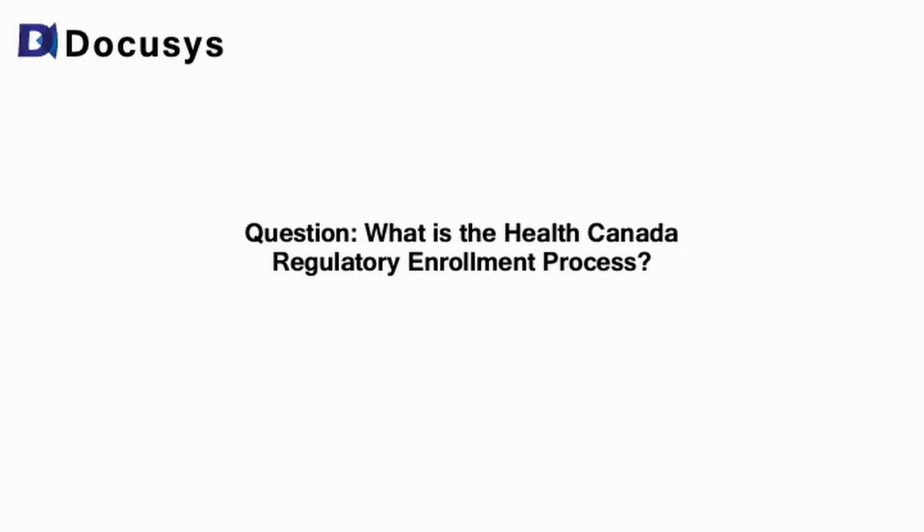The fourth question is, what is the Health Canada regulatory enrollment process? Starting January 1st, 2026, it will become mandatory for companies to submit their Class 2, Class 3, and Class 4 license and amendment applications to Health Canada, along with the private label license and private label amendment.